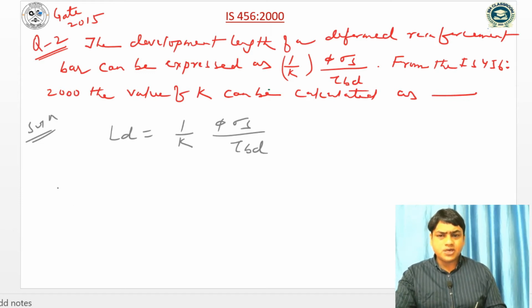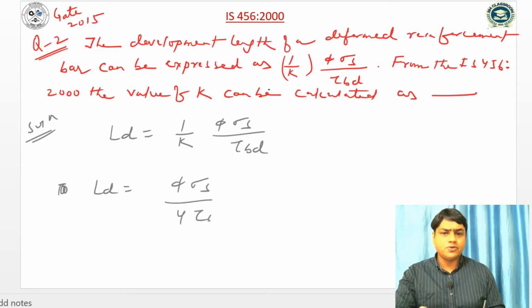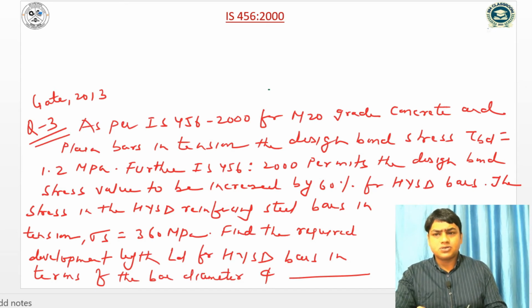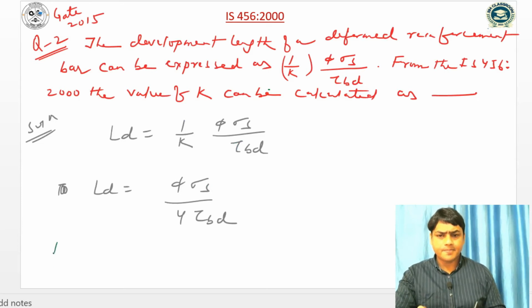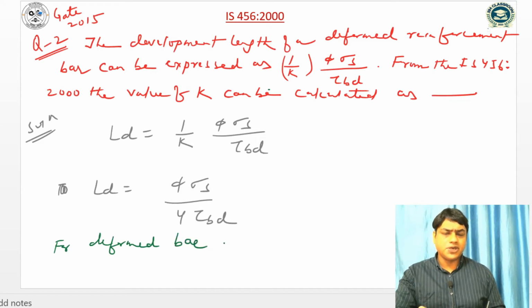We know that the development length expression Ld is equal to phi into sigma s divided by 4 into tau bd. Similarly, for deformed bar, we have to increase the value of tau bd by 60%.